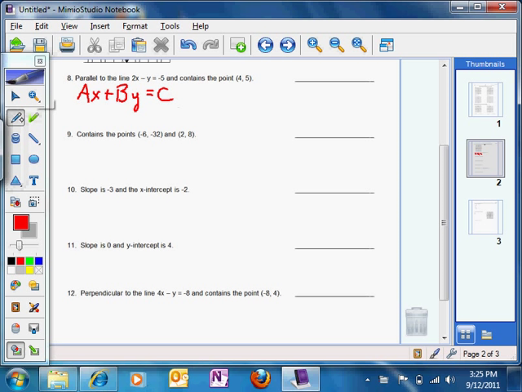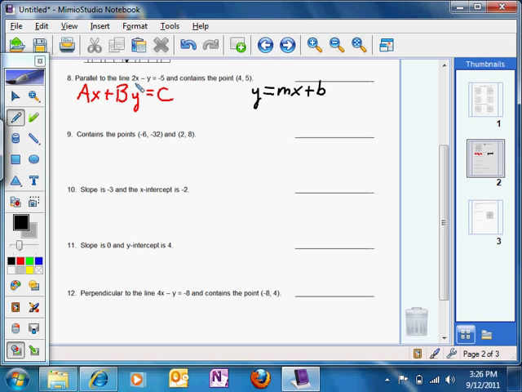What we want to do is always start off with slope-intercept form, which is y equals mx plus b. So let's take our information here.